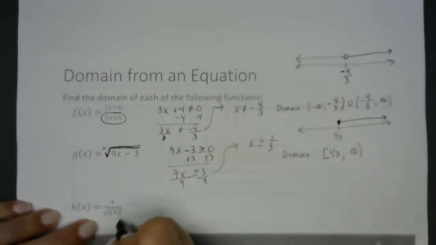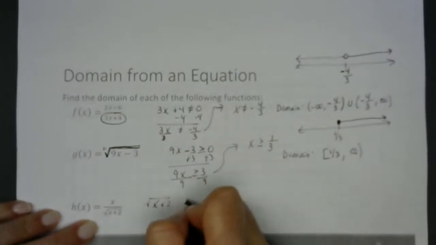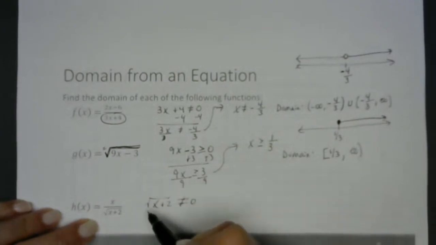I need to say that, first of all, the square root of x plus 2 can't equal 0, because if it did, that would be dividing by 0. That's not allowed.